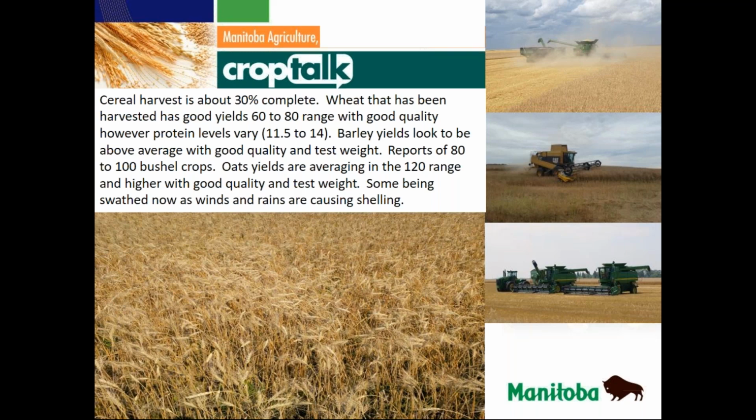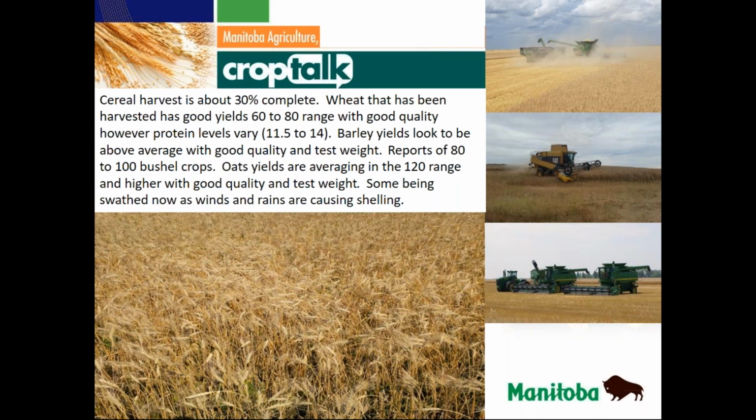I think the biggest thing with wheat again this year is our protein levels seem to be jumping all over the place. I've been hearing as low as 11.5, and then I'm hearing as high as 14 to 15. So again, I think it depends on your area and the moisture you received through the growing season. If you're a little on the dry side, your protein might be a little bit higher, but your yields might be a little bit lower.